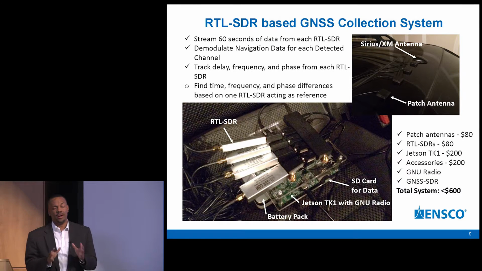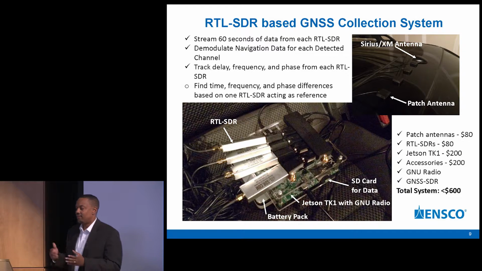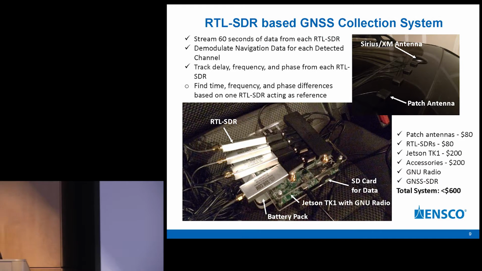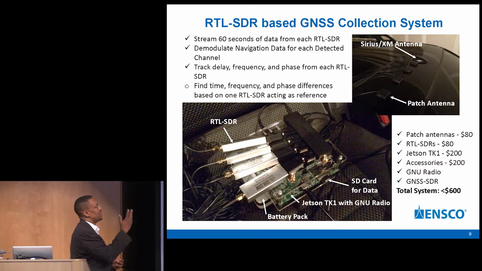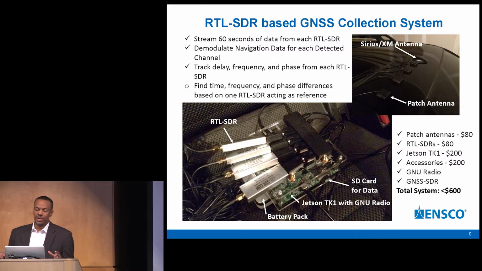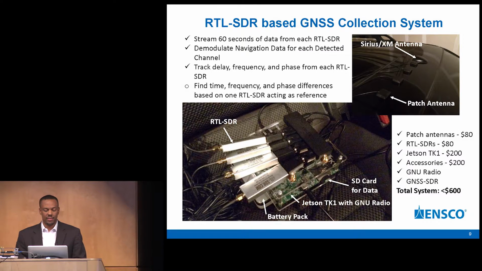The RTL-SDR has enough fidelity for you to demodulate and generate a position estimate. And so I wanted to take that information and figure out how to solve for the time offset, the frequency offset, and the phase. I'll show you where I am today. I haven't completely done that, which is why there's a little circle there. But I want to show you the initial results that I have with that.